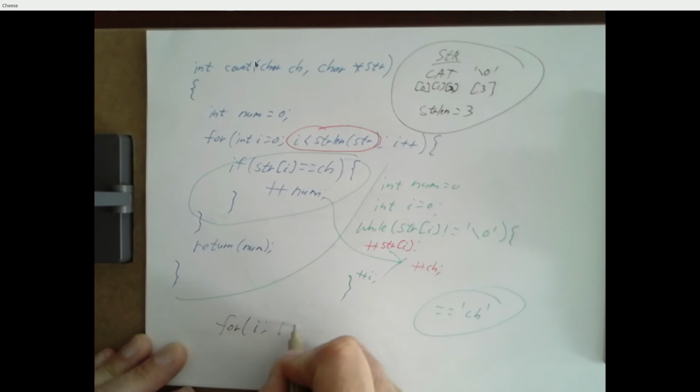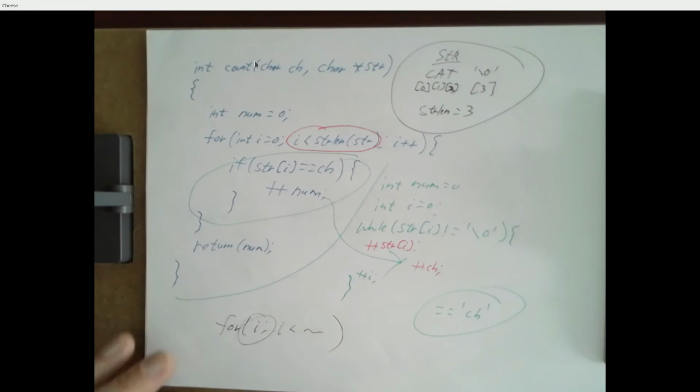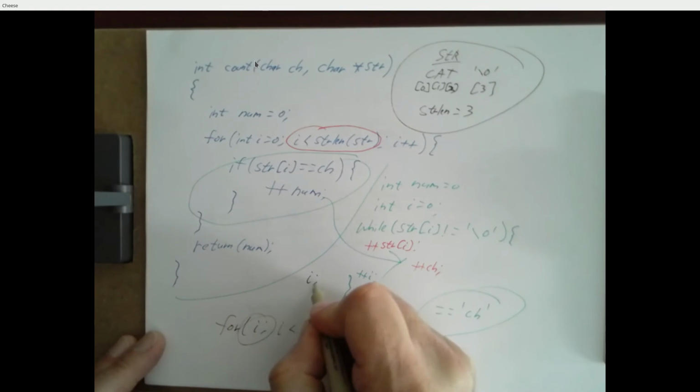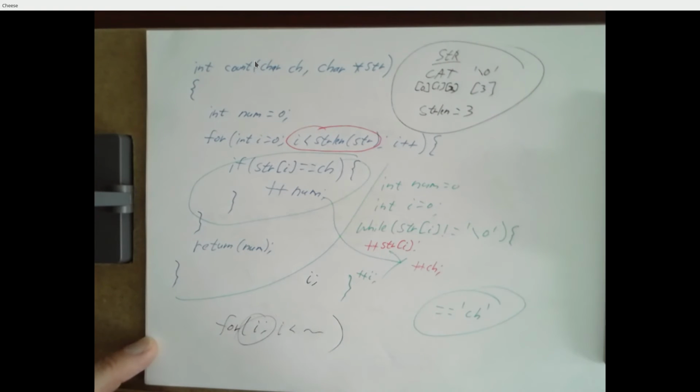Pet peeve, don't do this: for (i; ...). The thing that comes before that first semicolon is your initialization behaviors, what you want to have done at the start of the for loop. And this doesn't do anything. The compiler will look at this and just ignore it. It's a legal statement, but it doesn't change the value of i.